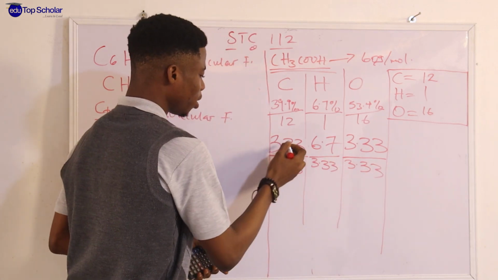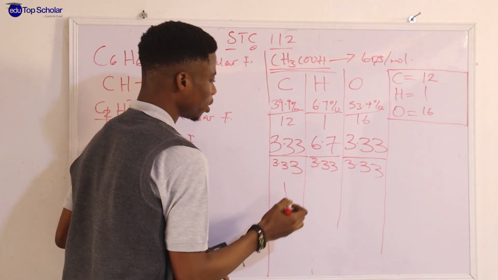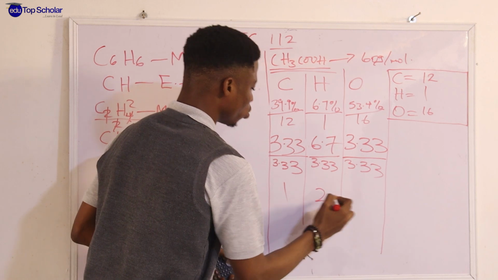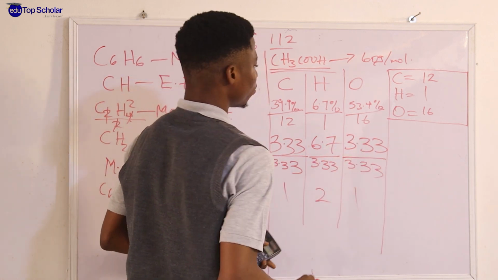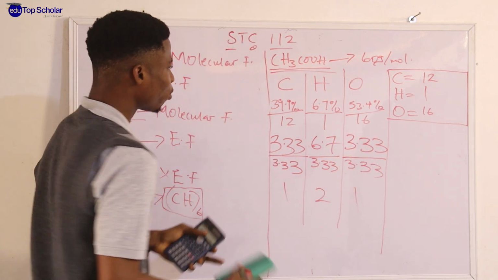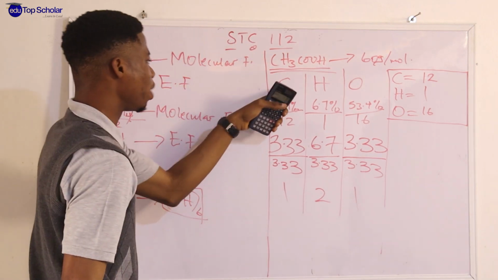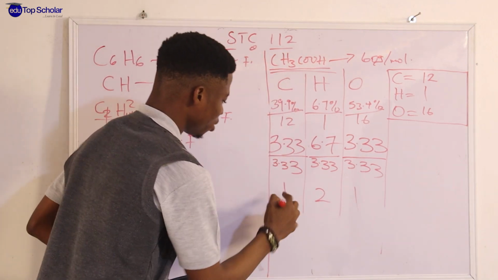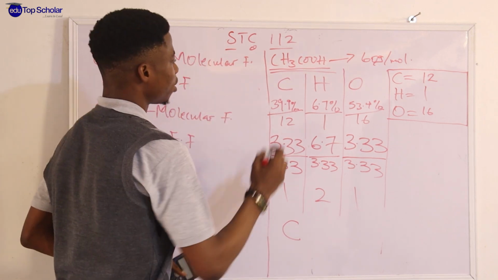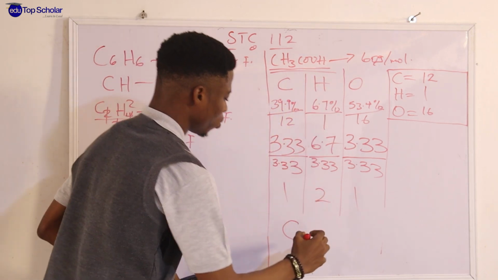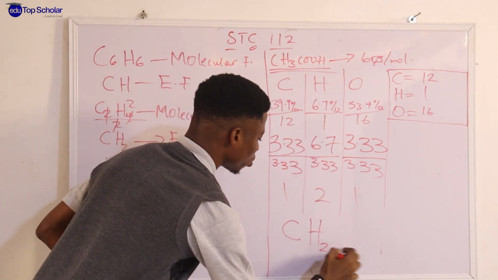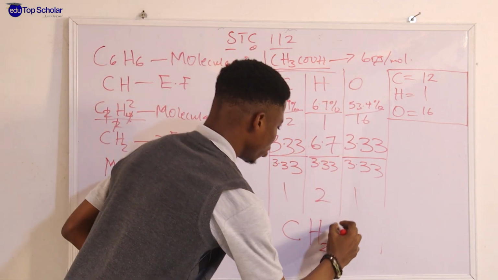So here you have 1, here you have approximately 2, and here you have 1. So without further ado, our empirical formula will be C is 1, H is 2, so you put H2, and O is 1.